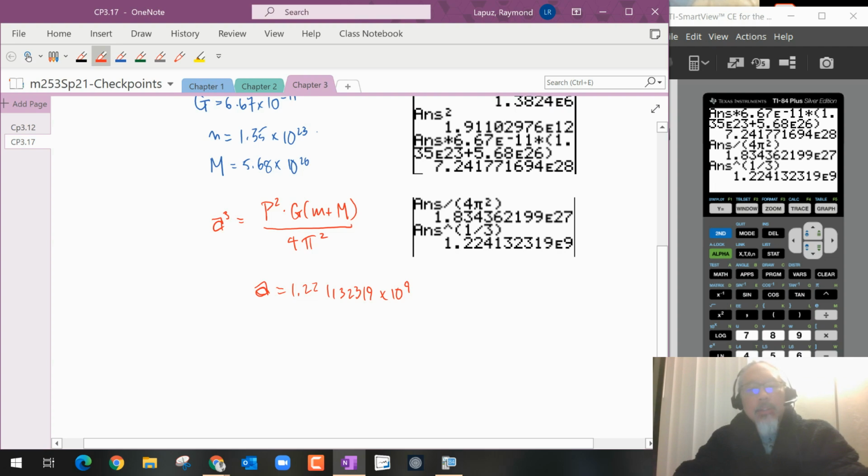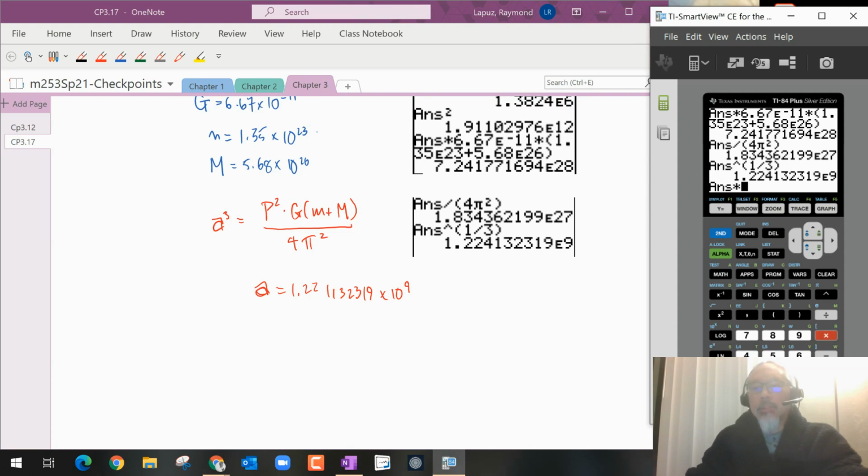Now it's in meters, so probably if we put it in kilometers, multiply it by 1,000, and we get to move the decimal place 3 times, and that's just, oops, I should have said divide by 1,000. So let's try that again. Nope, let's just take this and let's divide by 1,000 and another 1,000.